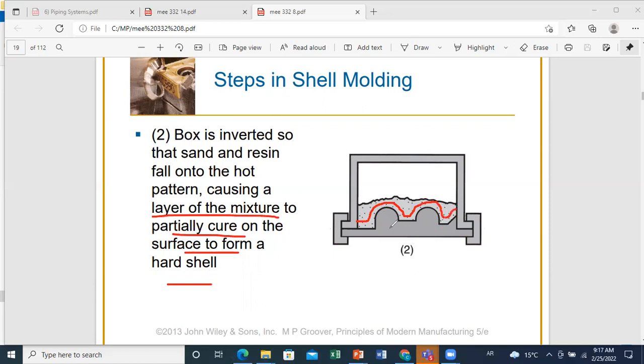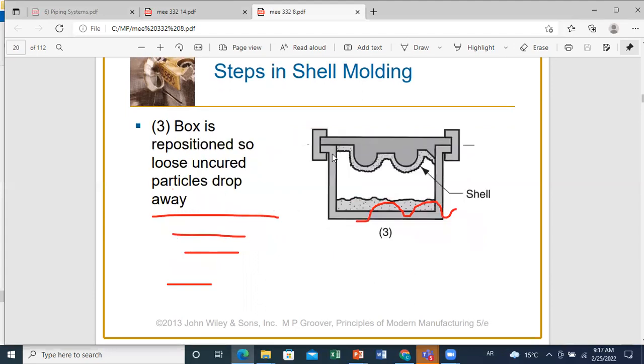Okay, so you will give it enough time to form the shell you desire, and then once this is done, the box is inverted again, so it's repositioned in the initial position.